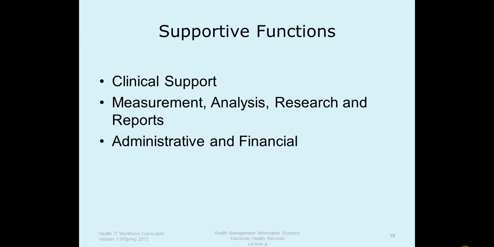The HL7 EHR model also describes supportive functions as functions that support the delivery of optimized care but do not impact direct care. Those functions assist with administrative and financial requirements. So public health, global quality, all of those things fall into Health Level 7.